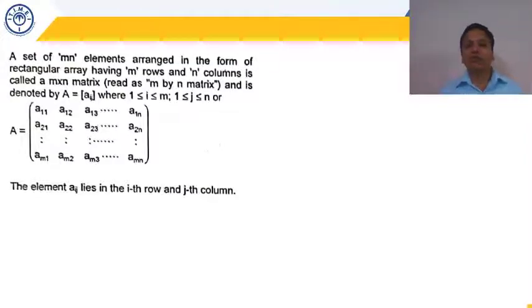Amn denotes the element situated at the mth row and nth column. The element Aij lies in the ith row and the jth column. So m stands for number of rows, and n stands for number of columns, and we say it's an m by n matrix.